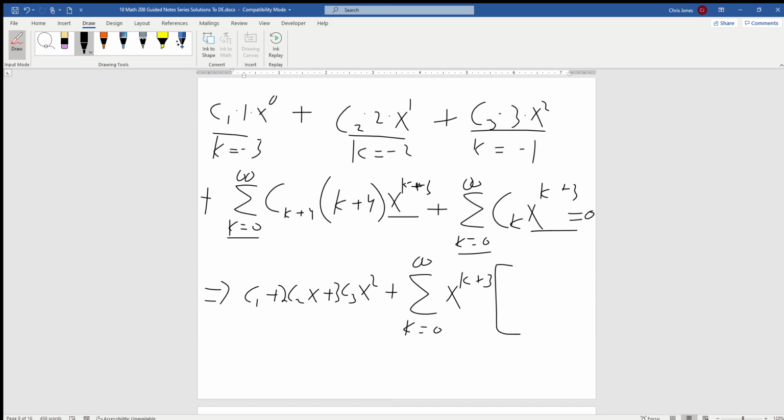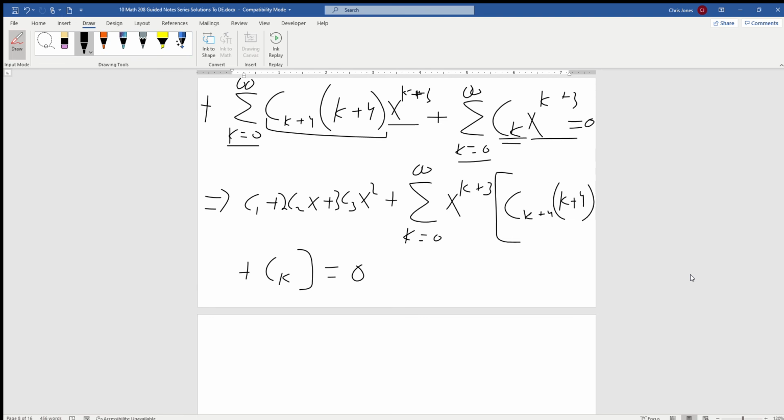And then all we're going to be left with is this c sub k plus 4 times k plus 4, and then also we have the c sub k from the second series. So this is going to be k plus 4, plus c sub k, equal to 0. All right, so at this point, I wouldn't say trickery, but we're going to have to go through and just process all of this.